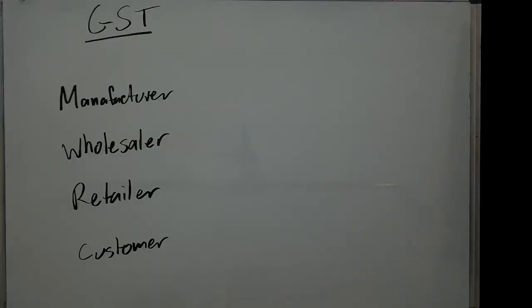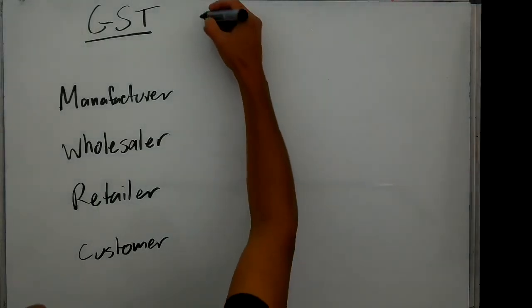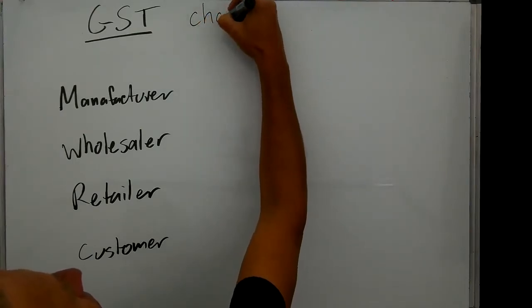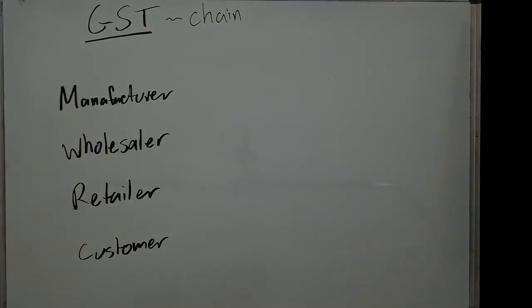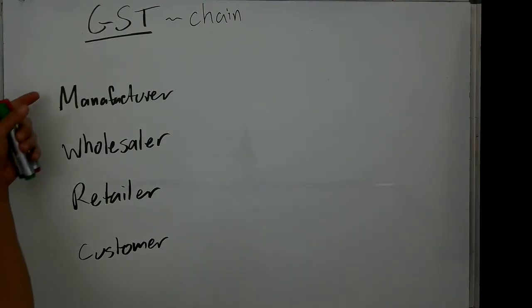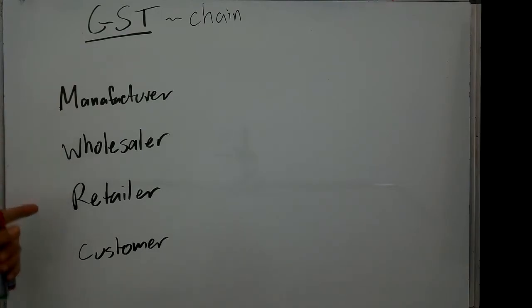Okay, now we're going to talk about what we call the GST chain, which talks about how GST is passed on through various layers of business and eventually gets passed on to the customer. It talks about how the government collects all the goods and services tax along the way.